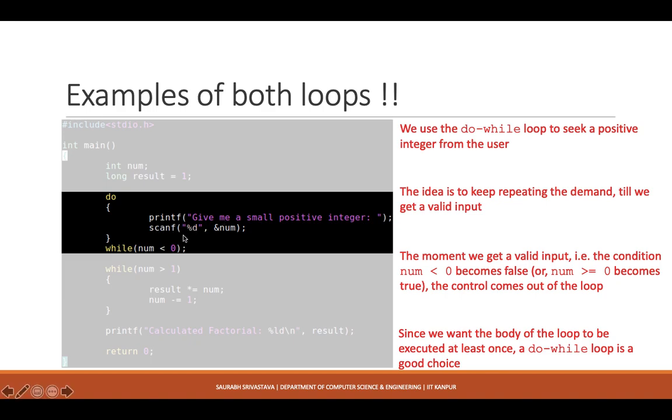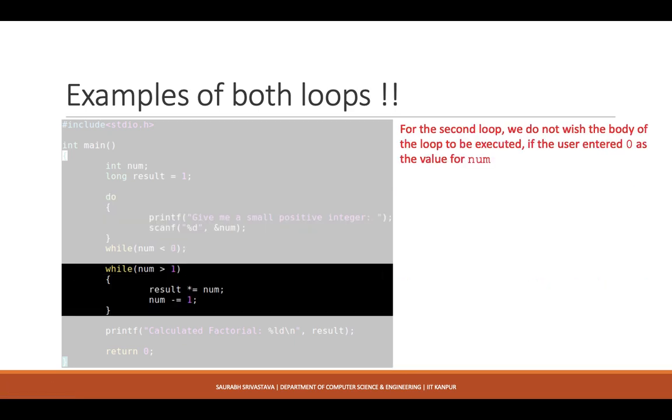If the user enters a proper number, I will basically break out and come here. Otherwise I'll keep on staying in this loop until the user provides me a valid input. And this one is the classic while example that you have already seen. Here, because I'm using while, I don't need that if condition. So this seems to be a better choice.